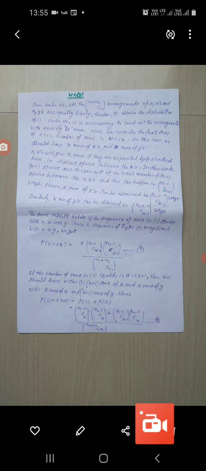This is equal to (n1 minus 1) Ck into (n2 minus 1) C(k minus 1) plus (n1 minus 1) C(k minus 1) into (n2 minus 1) Ck, divided by (n1 plus n2) C n1, and let it be equation number 5.